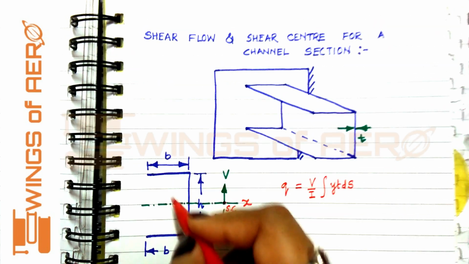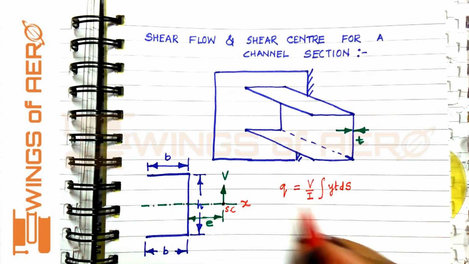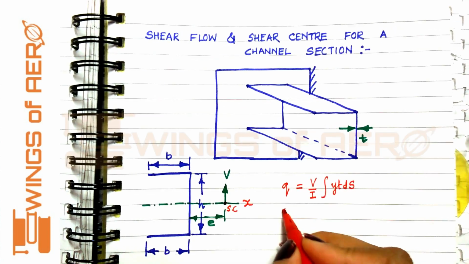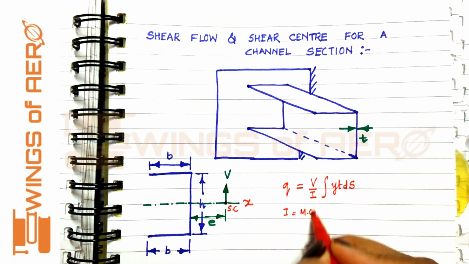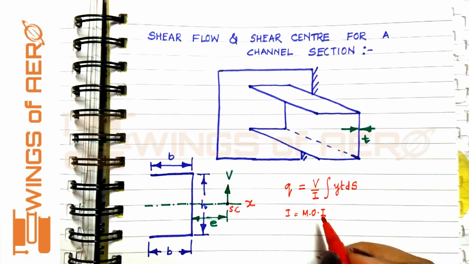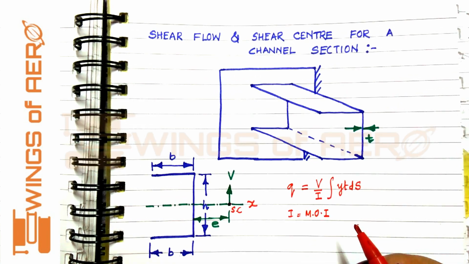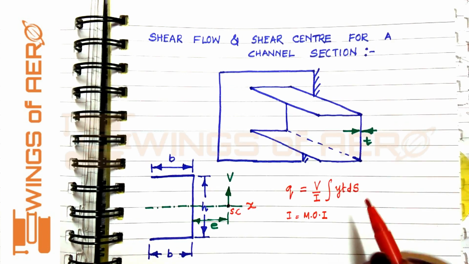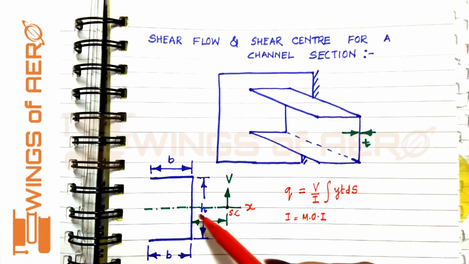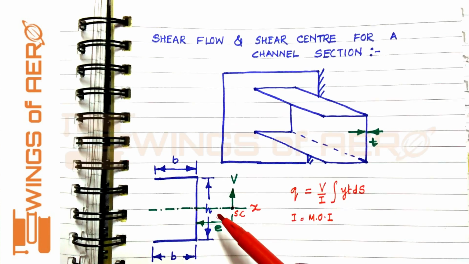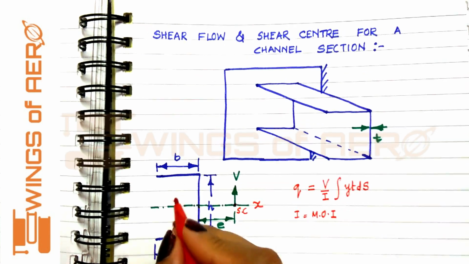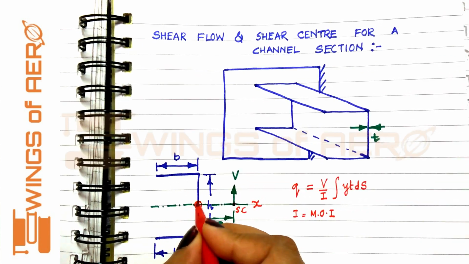Now V is given. What is I? I is the moment of inertia. And what is y? y is the displacement or distance of the member AB from the centroid. So we need to find the centroid. From here we can say that this is the centroid.